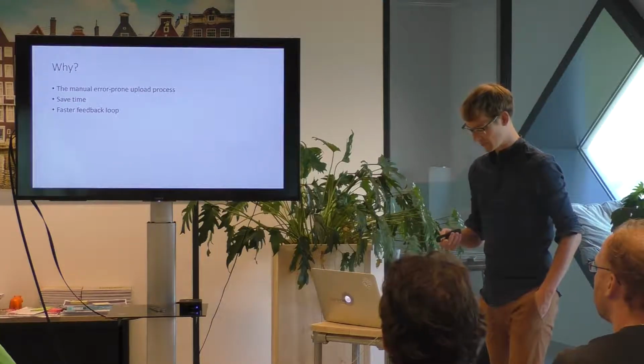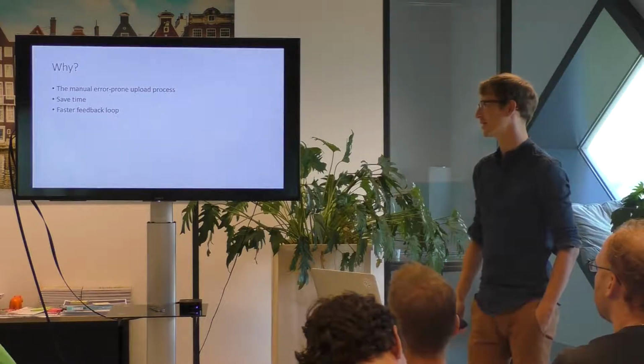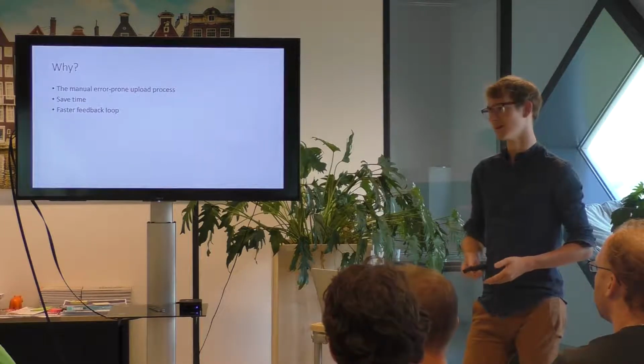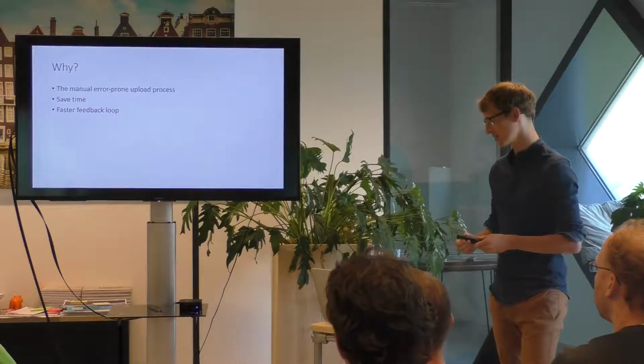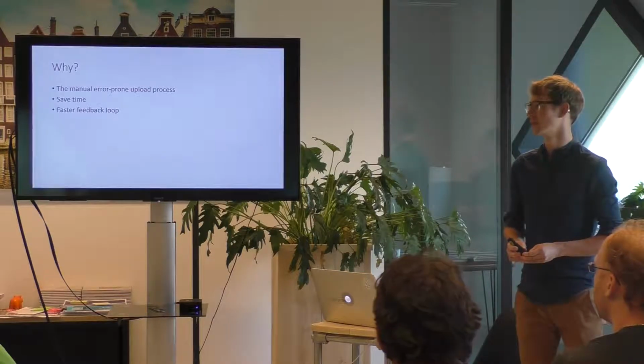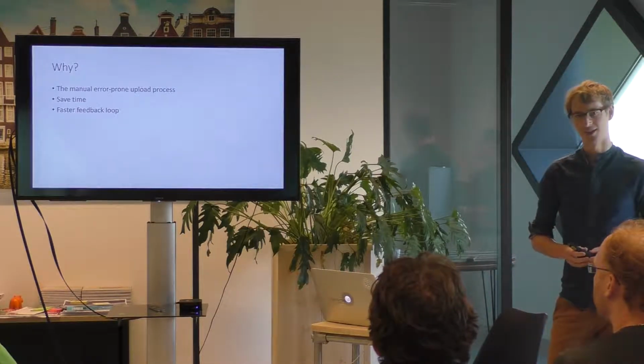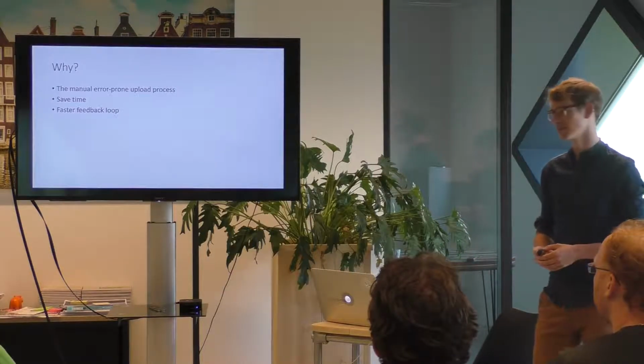So, I'm just going to say something about my current project and what kind of troubles we ran into. We had our own environment with Jenkins, and it builds iOS apps and it builds Android apps, and it produces some artifacts.